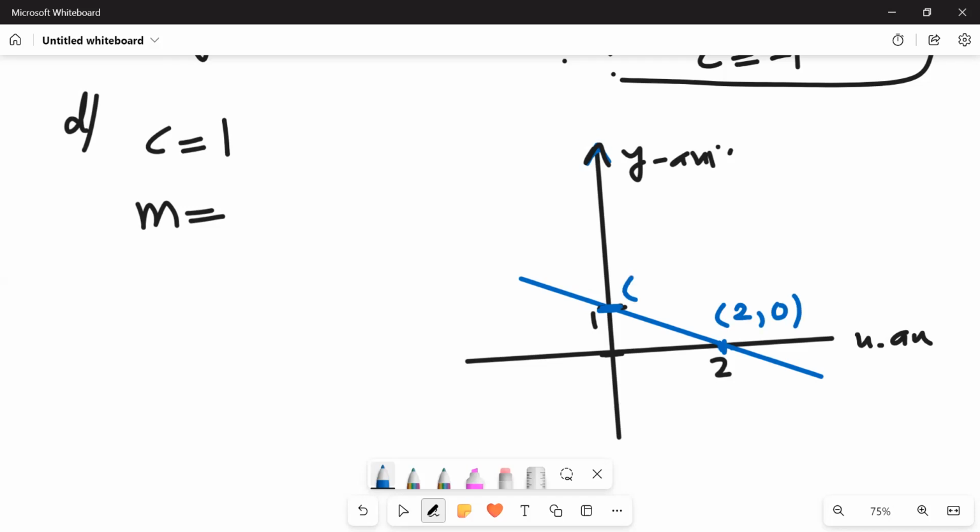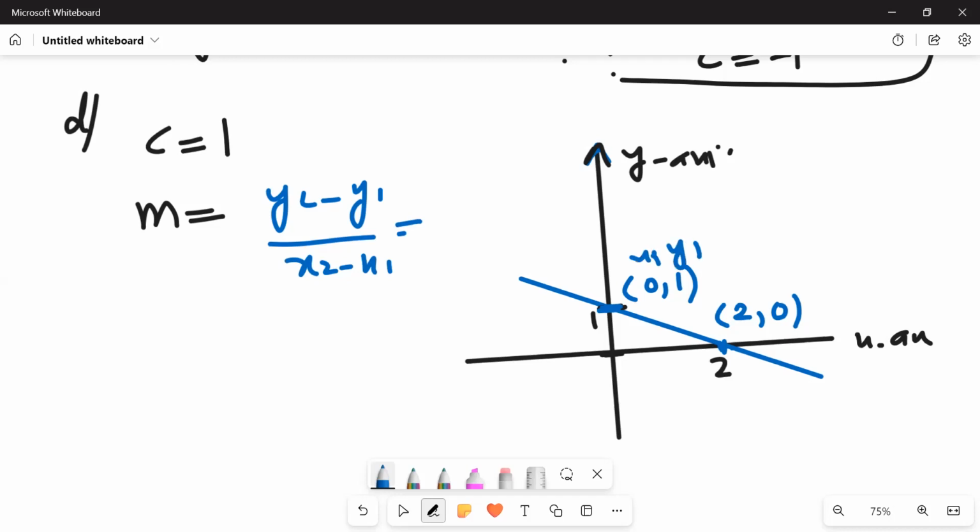And here x is 0 and y is 1. So these are two points. Now we have to write the slope. Consider any point as (x1, y1) and the other as (x2, y2).